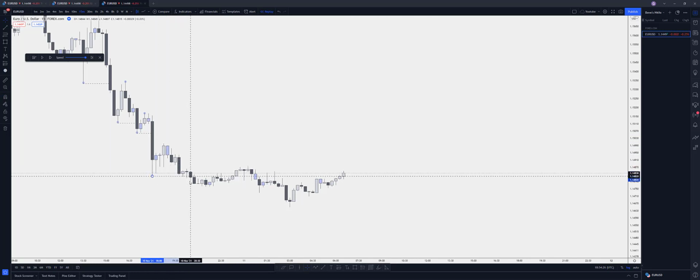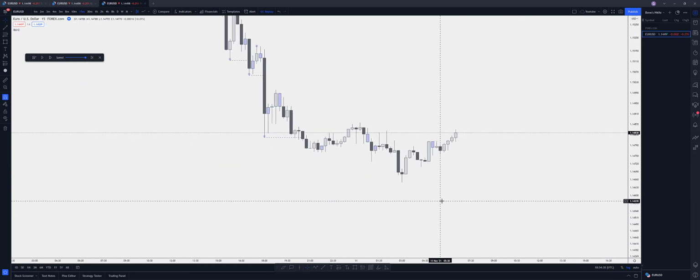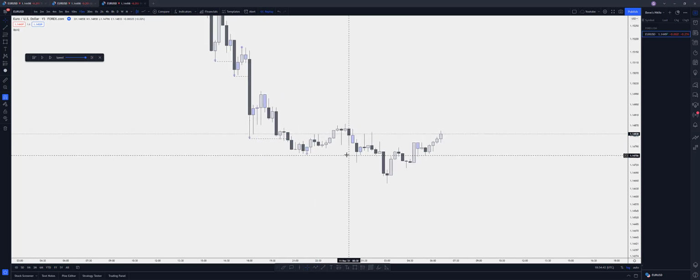So what we're doing after this, it gets a little bit messy here, but still same rules apply. Coming down, it's not until this candle closes above this one, cementing this as a low. Okay, yes, there we go. Okay, so what happens next?